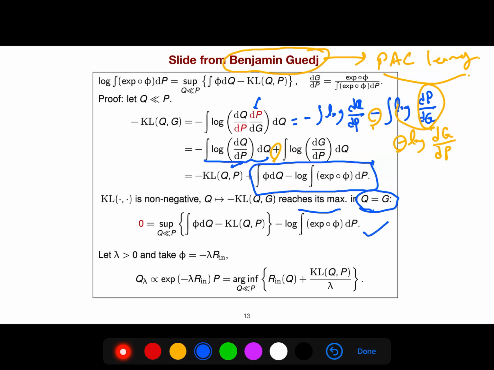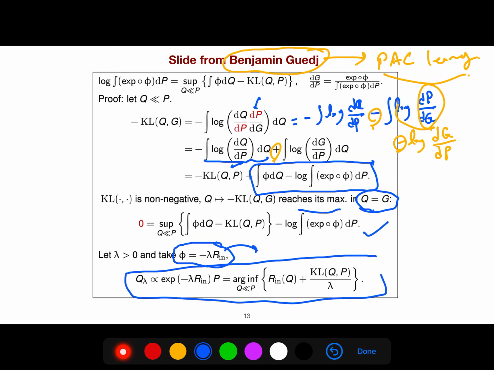And putting this and just solving it for phi, because I said that phi could be any function, if you just pick this function, it produces this result.